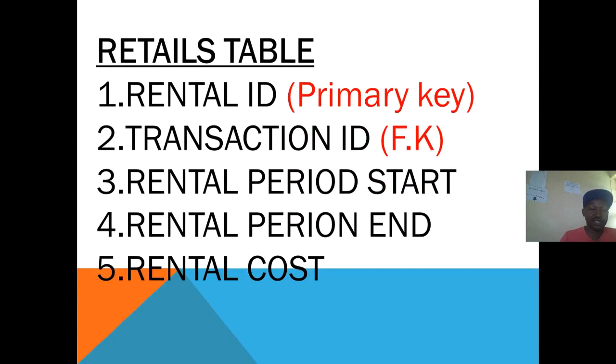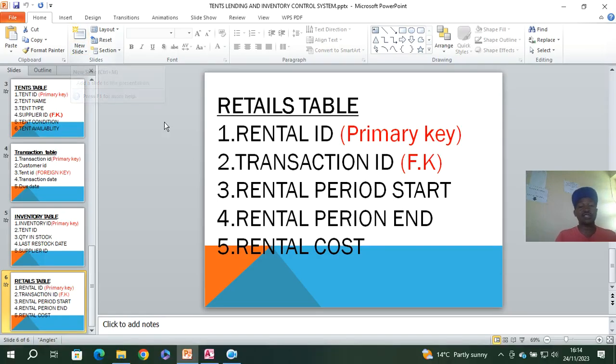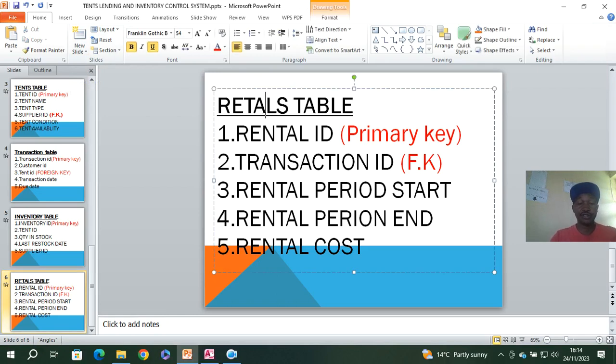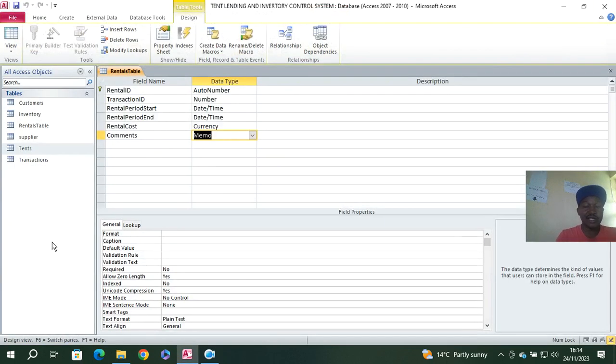This one should really be the rentals table. Just correct that one. Sorry for that mistake. So, guys, these are the tables and fields that are supposed to be found in the tent rental and inventory control system.